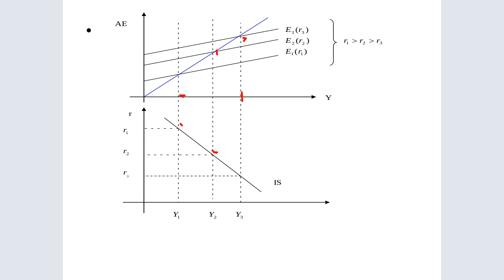So this is the highest level of national income, which corresponds to the lowest interest rate. So if you join these points, you'll simply get a downward sloping curve, which is the IS equation. That is how we derive the IS equation.